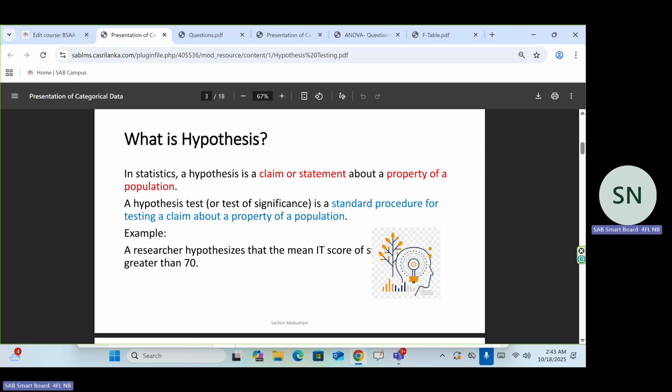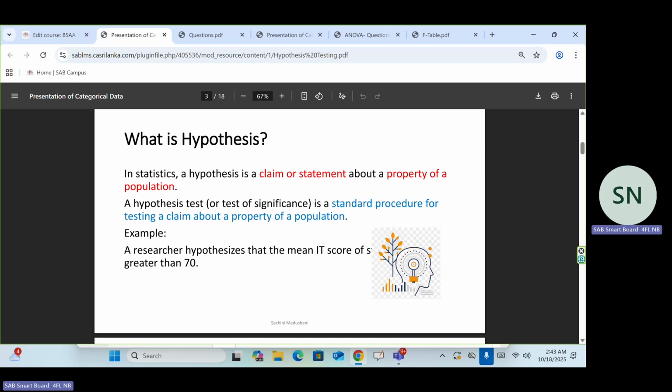We take the business statistics subject and construct the claim that the average mark for business statistics is greater than 40. This is the claim.